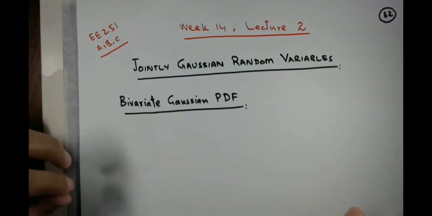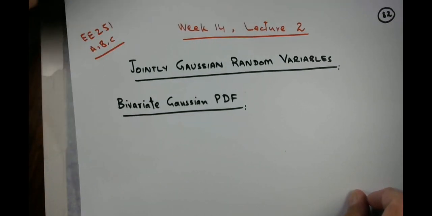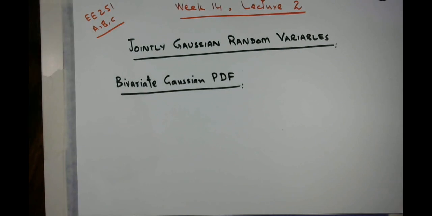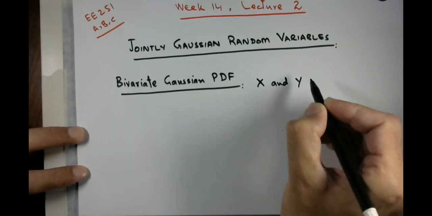What is the expression? Let me write the expression that is simple. Please do not get confused with the apparent complexity of the expression. So we say that x and y are random variables.